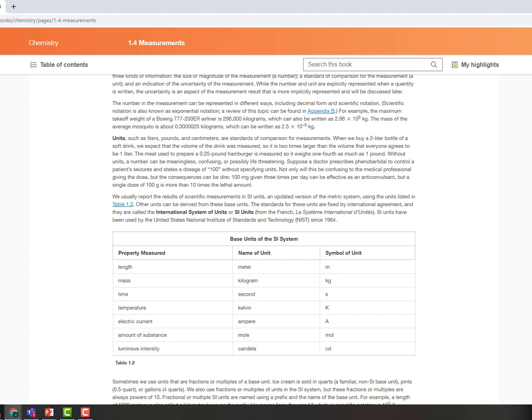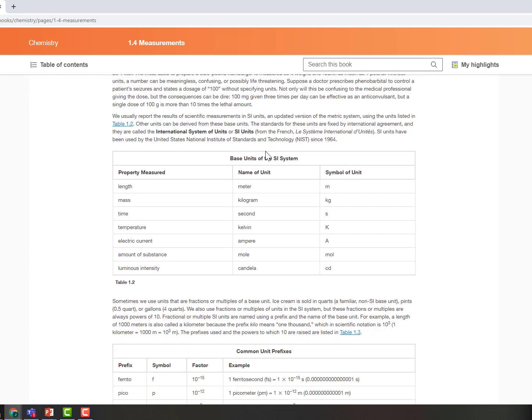Let's talk about some units. These are some typical units within the SI system. The SI system is the system of measurement that is used by scientists. It is also used by most countries in the world.